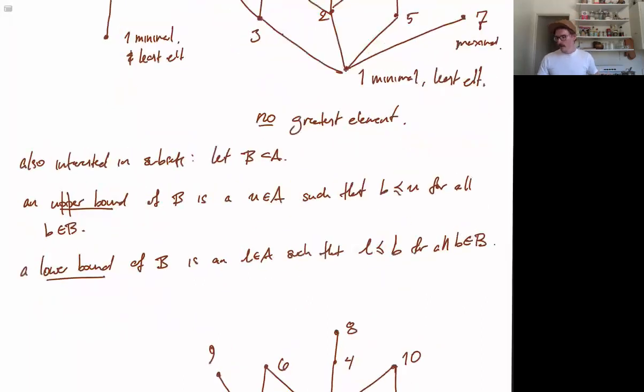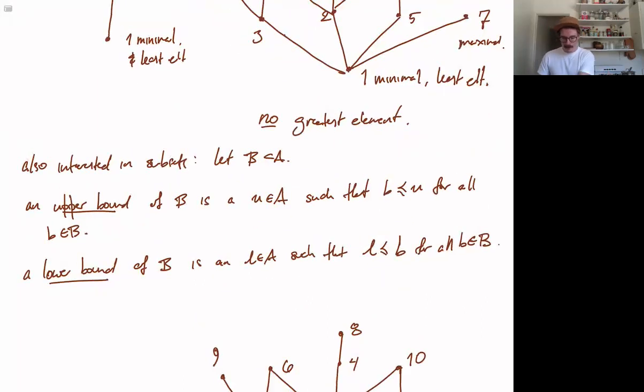And furthermore, we can add the least upper bound, which, again, if it exists, is the least element of the set of upper bounds.